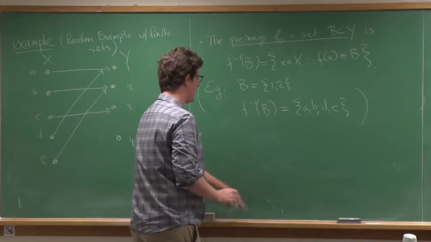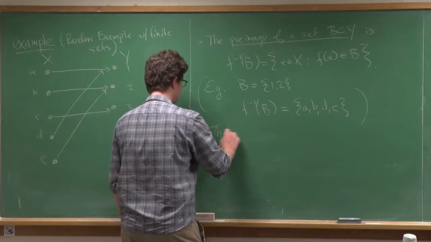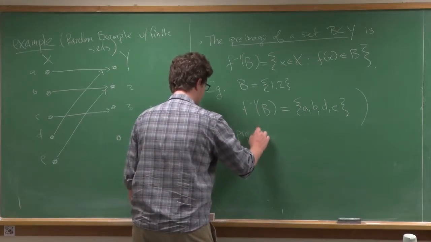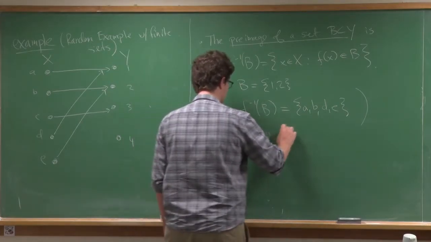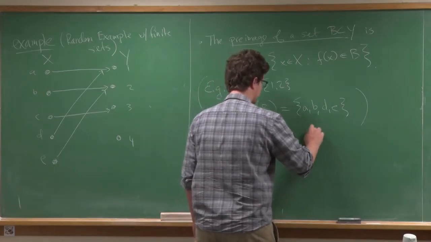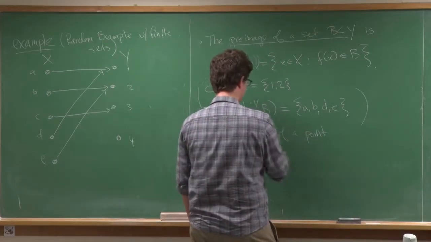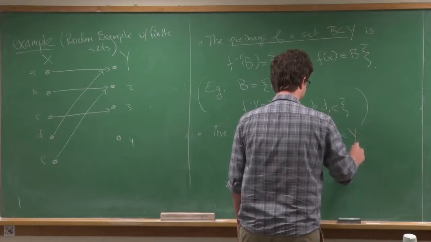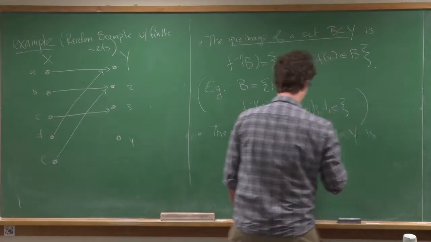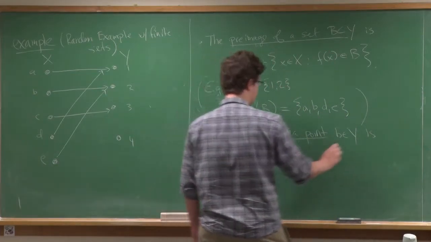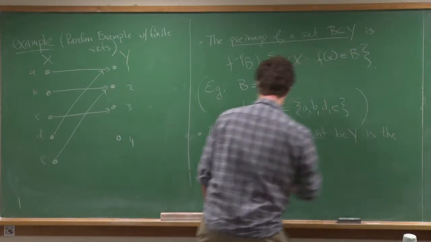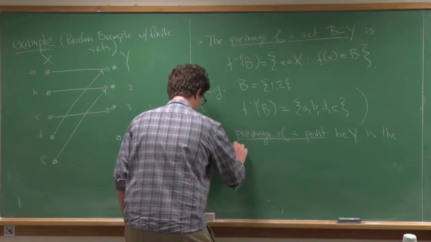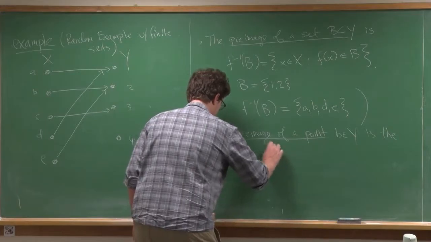Okay? And now the preimage of a point, let's say b in Y, is the preimage of the singleton set.